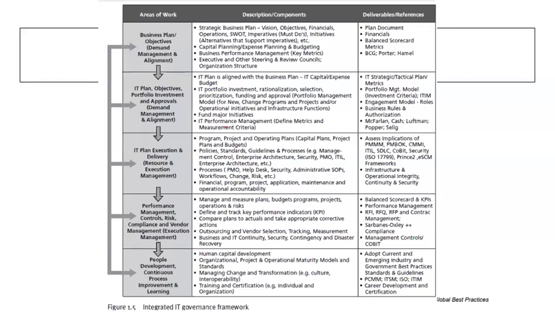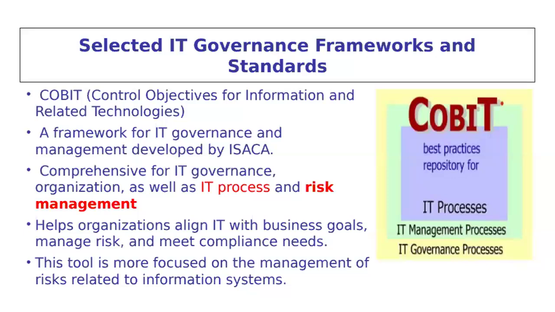No questions? Okay. Here we have another important slide. We have the COBIT. COBIT is Control Objectives for Information and Related Technologies. It is a framework for IT governance and management, and it was developed by ISACA. ISACA is a body of experts on information security.